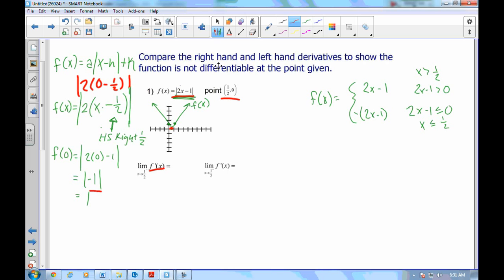Okay, so f prime of x from the left. Well, what's f prime of x? We've already kind of broken it up. If this is f of x from all values, oops, oh, this is the one we need. From the left, this guy's the one from the left. What's f prime of x?